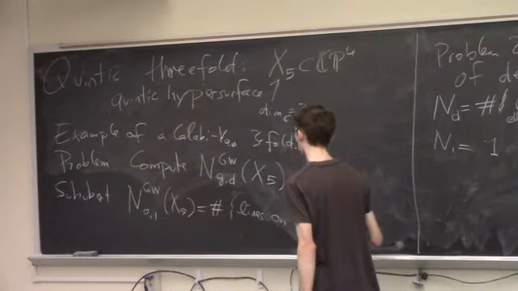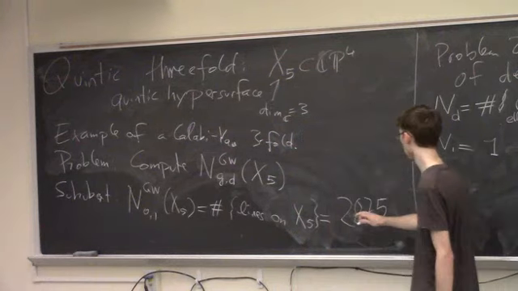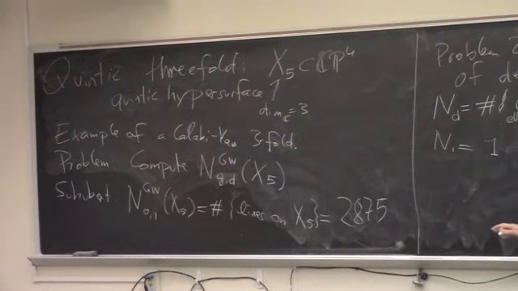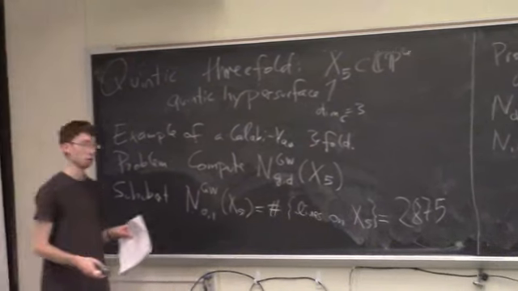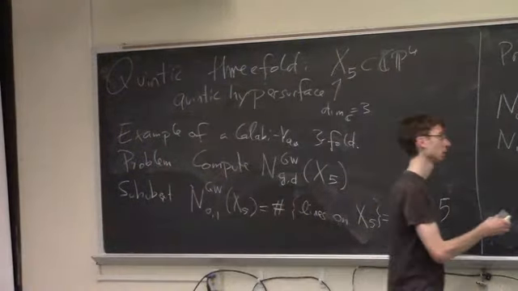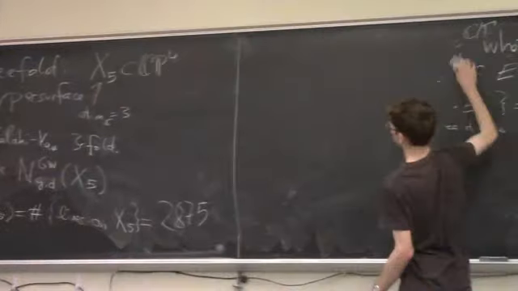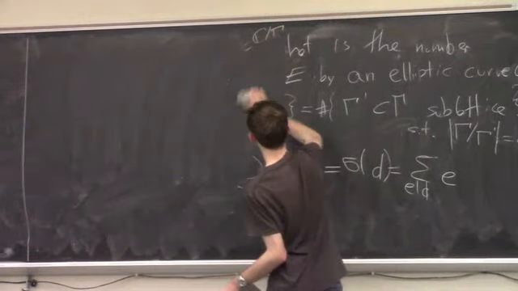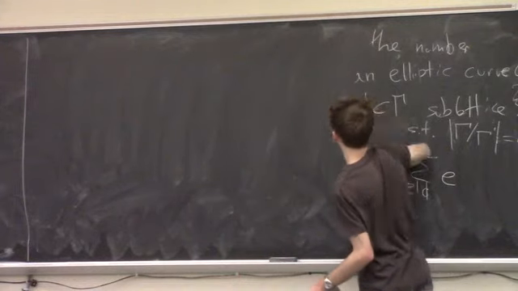And that one was computed by Schubert, in the same paper as I mentioned in the beginning: it's 2,875. And you can use Schubert calculus to do this, because it's about lines. So look at the Grassmannian of lines in complex 4-space, and then you impose the condition to lie on a quintic.